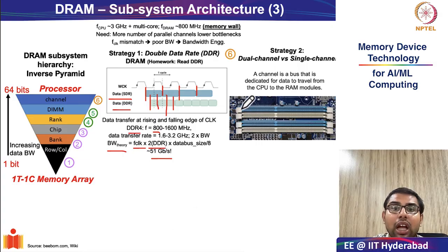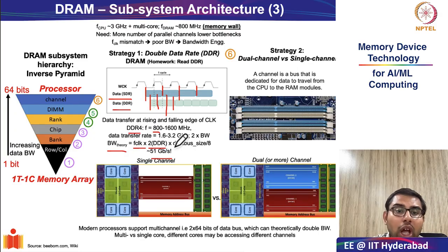This is generally implemented on the motherboard of your computing system. A channel is a dedicated slot where data can independently move in and out from the CPU to the main memory subsystem.